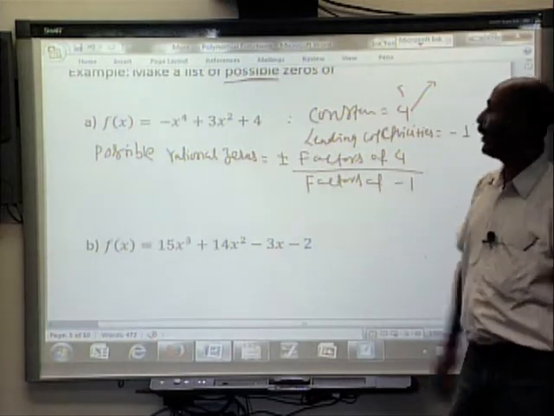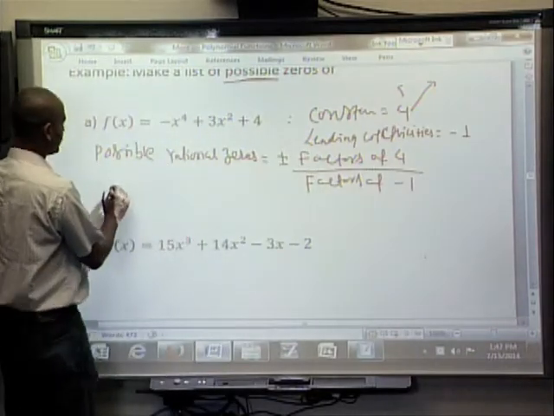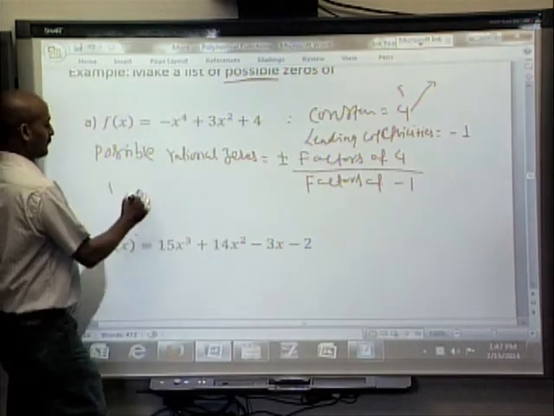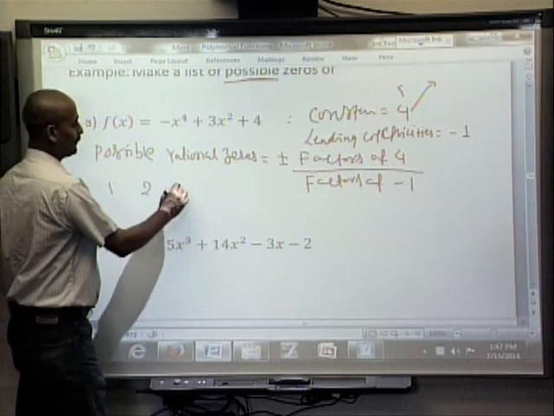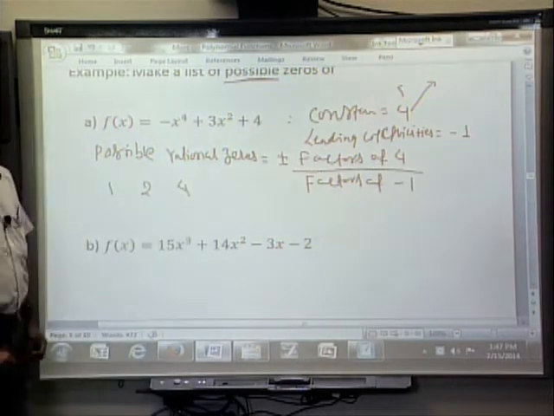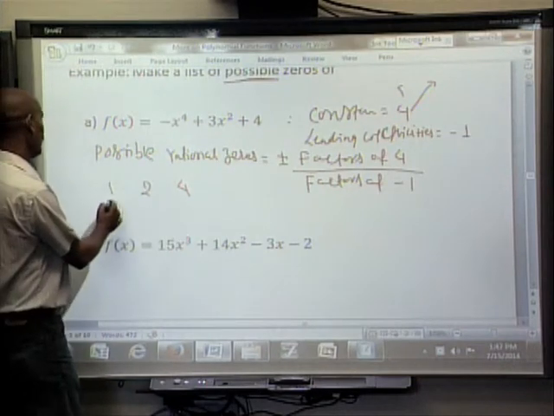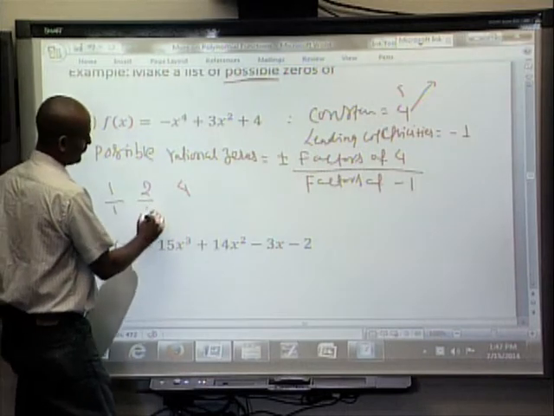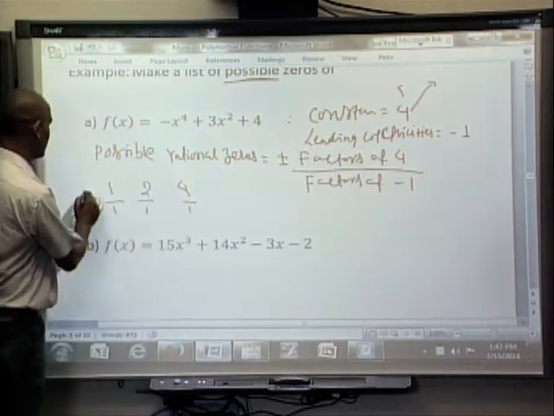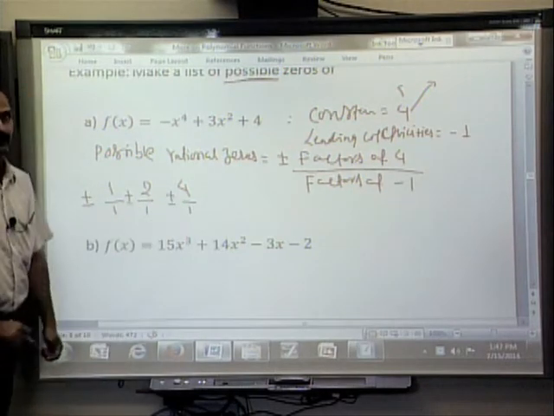So, let us think of all factors of 4. Well, 1 is a factor of 4, 2 is a factor of 4, 4 is a factor of 4. Let us think of all factors of -1. Well, 1 is a factor of -1. In fact, 1 and -1, but since we will be taking plus and minus, this is enough, minus will come with the plus and minus.